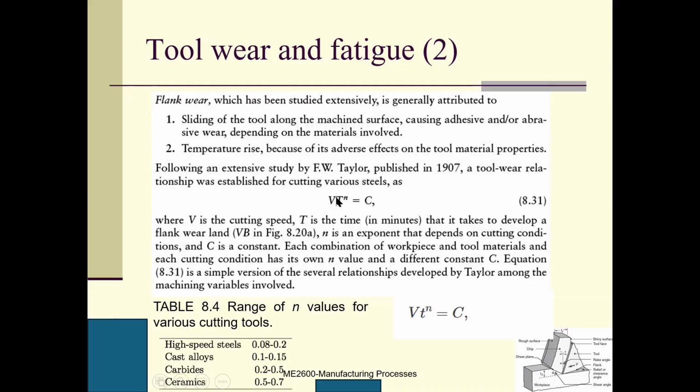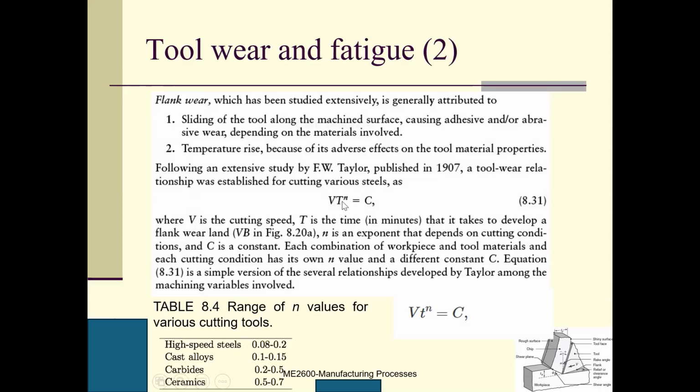He found that the cutting speed is a dominant influencing factor for the tool life. So V is the cutting speed, T is the tool life, n is an exponent dependent upon your tool material and also workpiece material, and C is a constant.